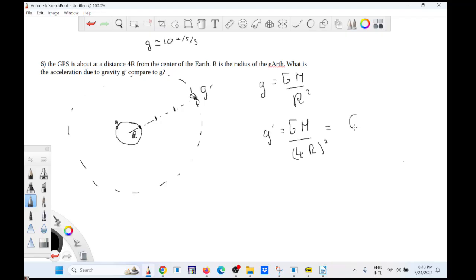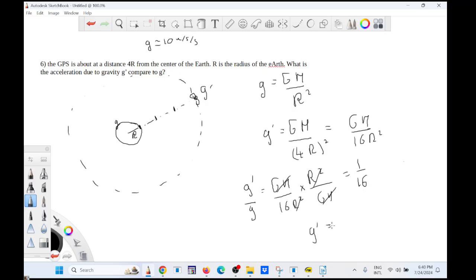So that's going to be GM over 16R squared. If you take the ratio between them, G prime over G, you multiply by the reciprocal, and it's going to be 1/16. So G prime will be g divided by 16.